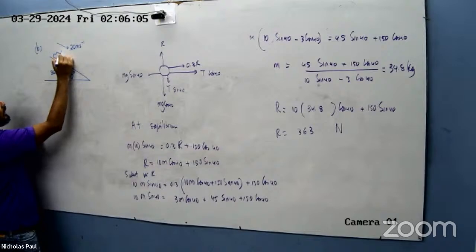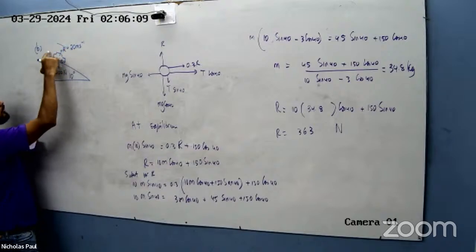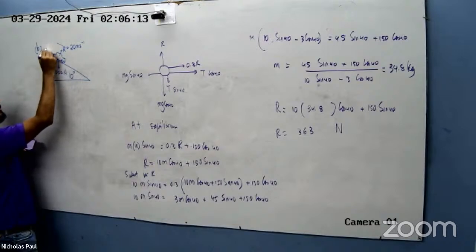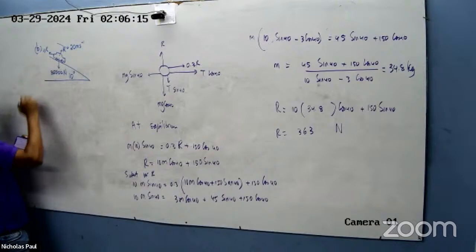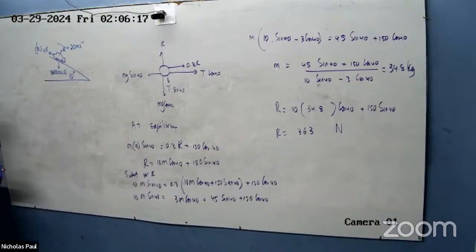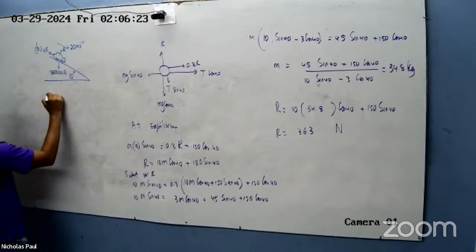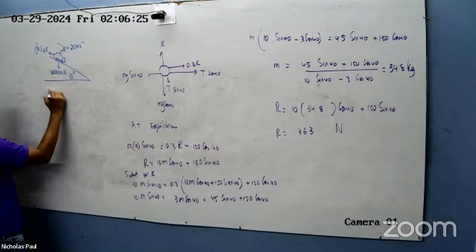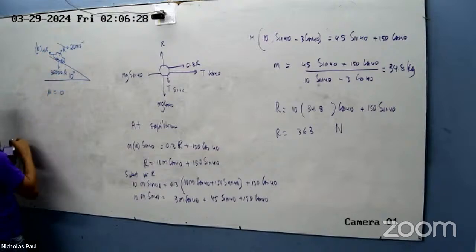Right, I just put in R like this. And we have friction, mu R. And they gave you mu. They said mu is 0.05.